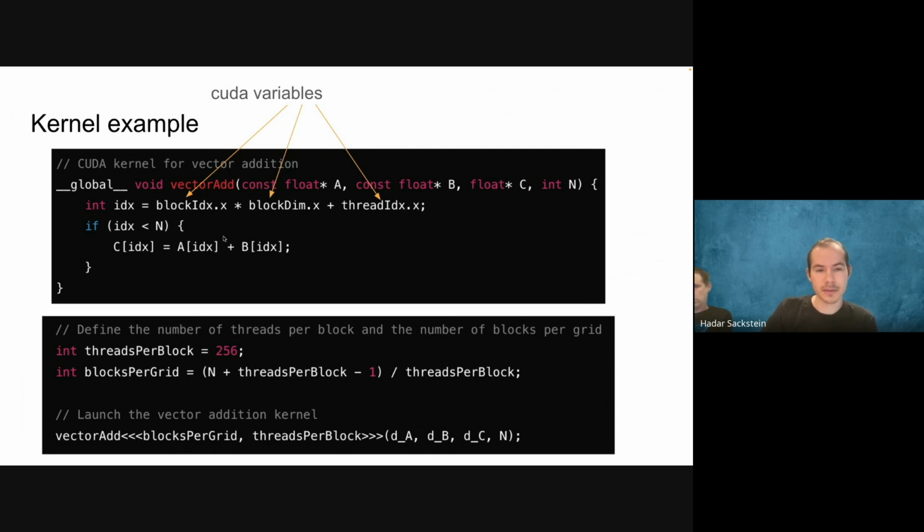So what this says to the GPU is that every thread should calculate its own index and then access the relevant element from the array.